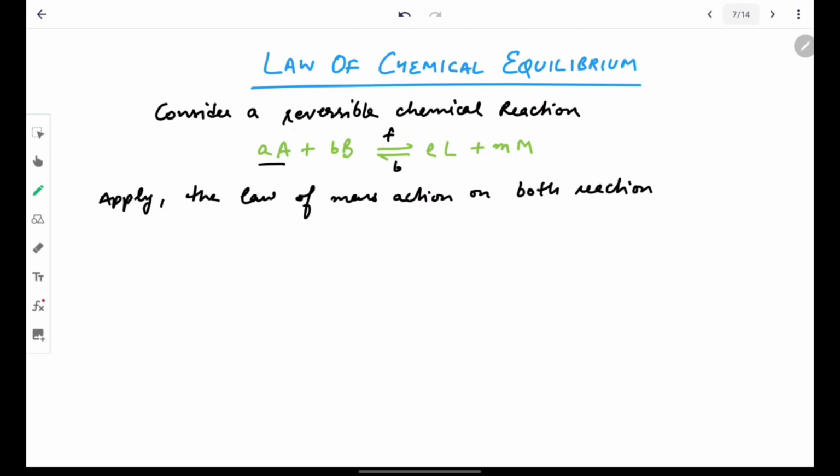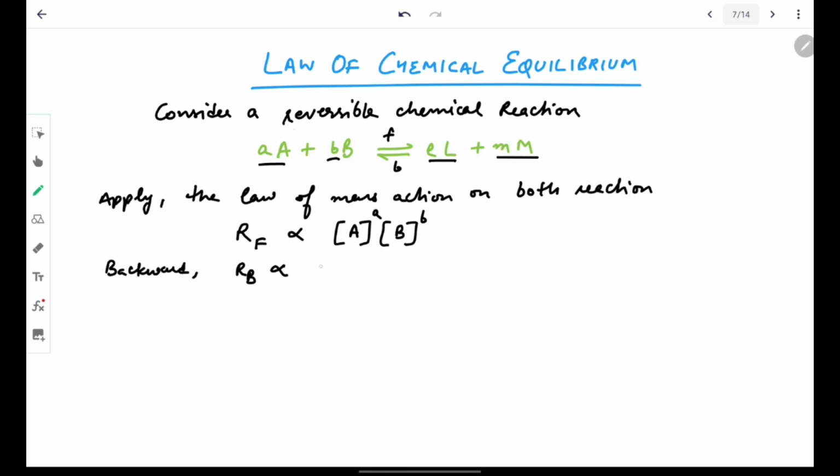So, what was the law of mass action? The forward reaction is a times A, b times B giving the products. So, the rate of the forward reaction will be directly proportional to the concentration of A and the concentration of B. The coefficients, small a and small b, will come into the powers. Similarly, for the backward reaction, l times L and m times M are the reactants.